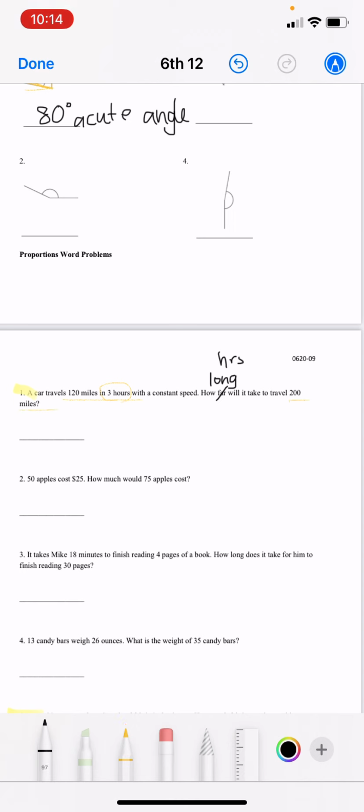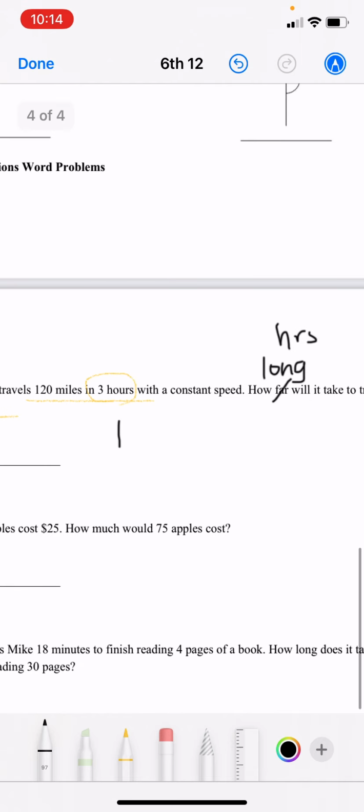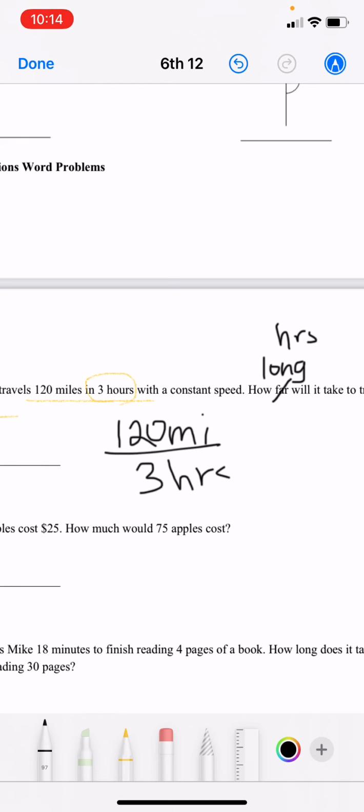Here we are going to set up a ratio. So 120 miles in 3 hours, right?